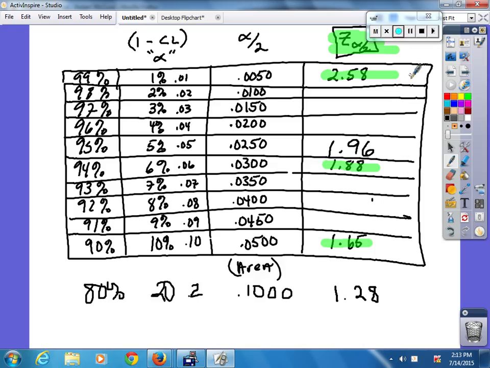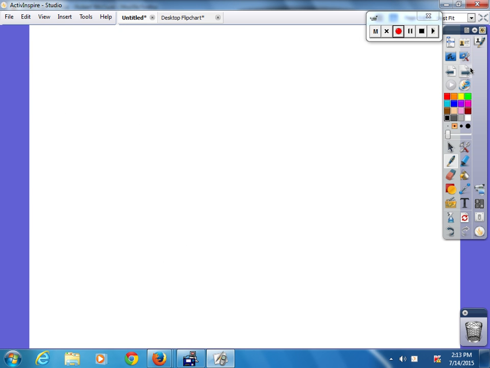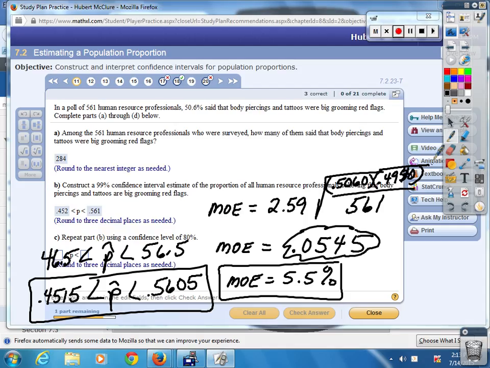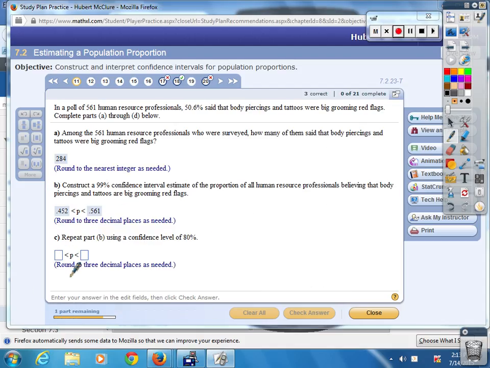Okay. So it was 1.28. So for part B, use 1.28 times the square root of PQ over N, and that'll give you a margin of error.